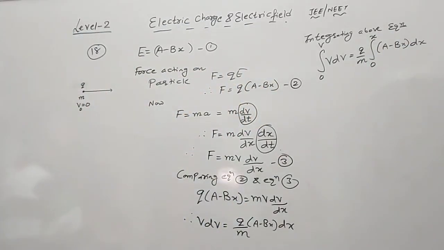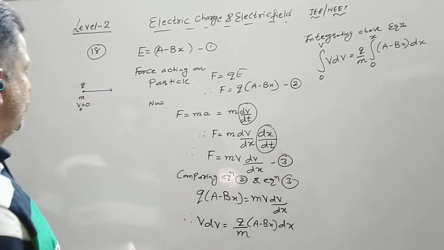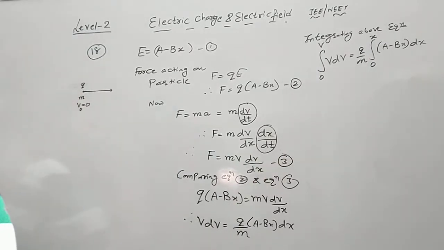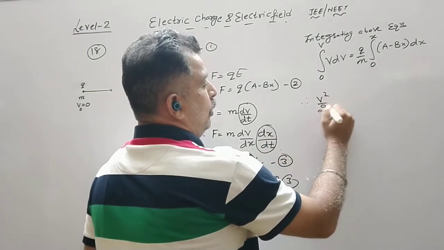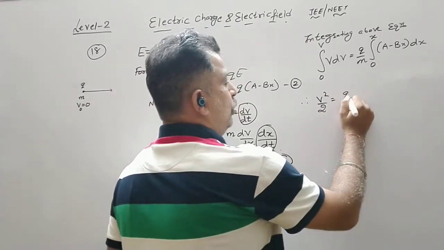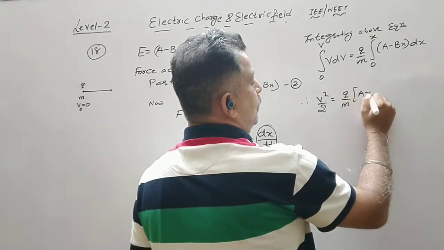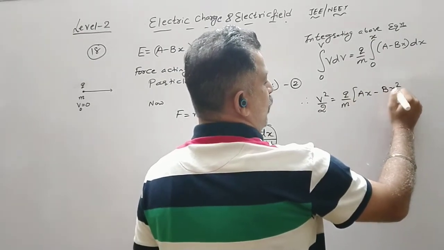Here v is the final velocity and x is the final distance from the origin, from where the particle started its motion. Because the initial velocity was 0, we have taken the limit as 0. Therefore, v square by 2 is equal to Q by m times the integral of A dx, that is Ax, minus the integral of Bx dx, that is Bx square by 2.